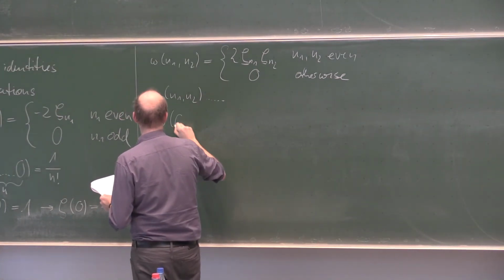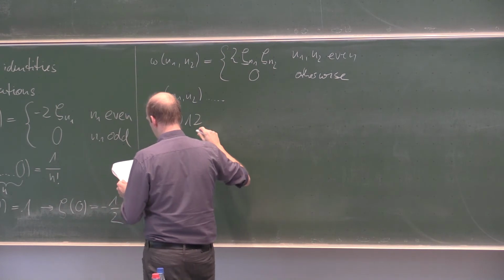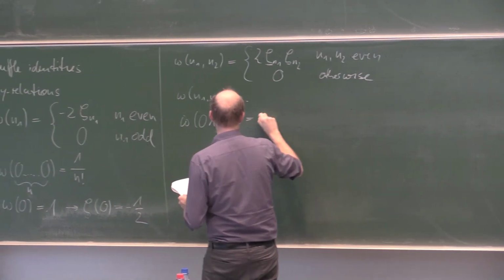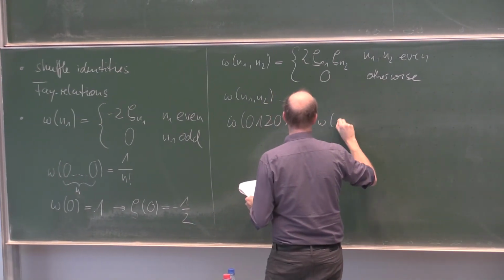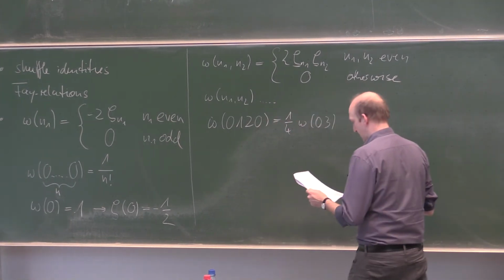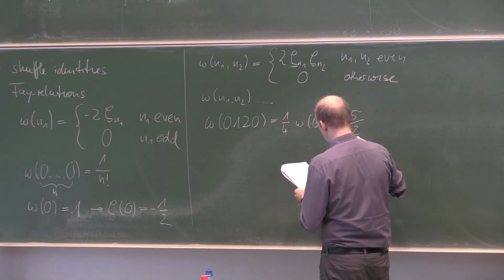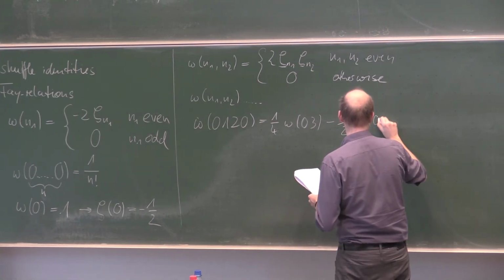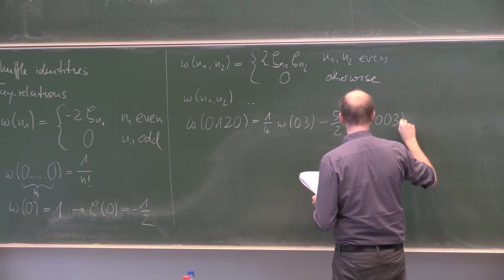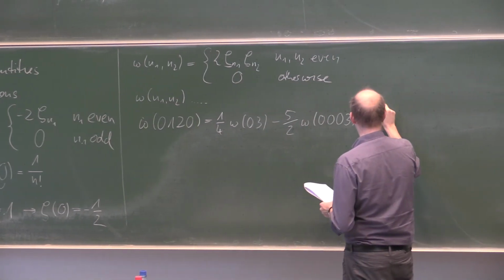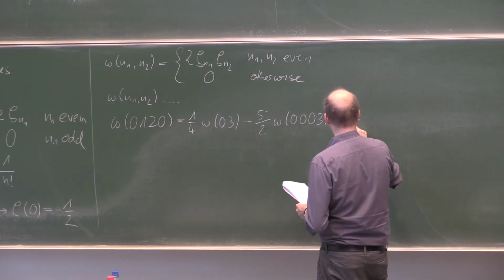So if you have omega of 0, 1, 2, 0, this is a quarter omega 0, 3 minus 5 over 2 omega of 0, 0, 0, 3 minus zeta 3 over 4.